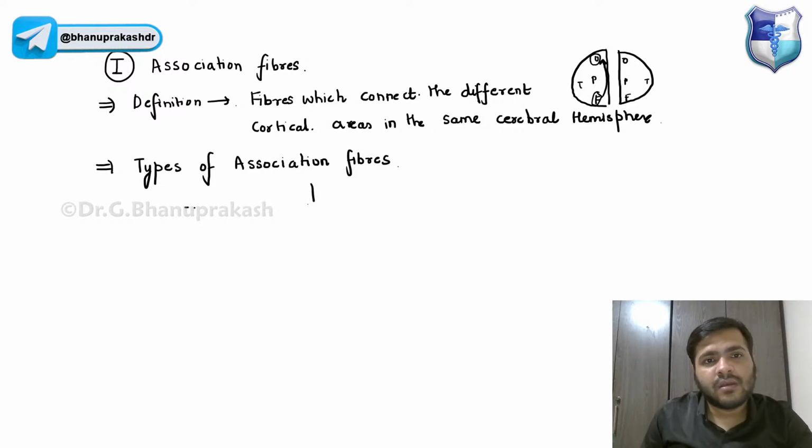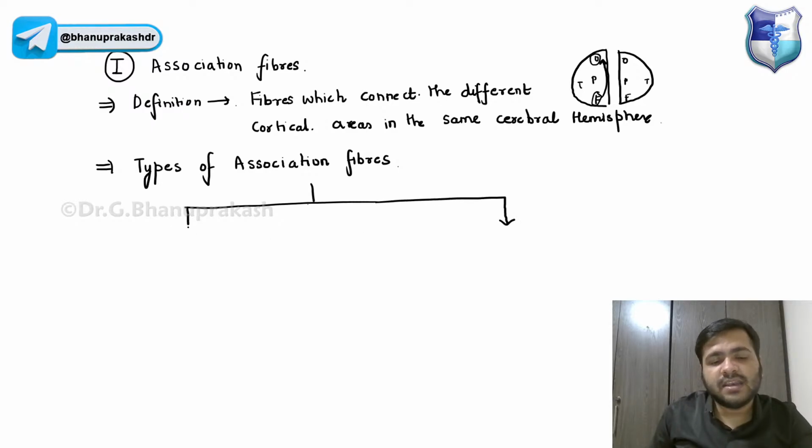We have two main types. We have the short association fibers.